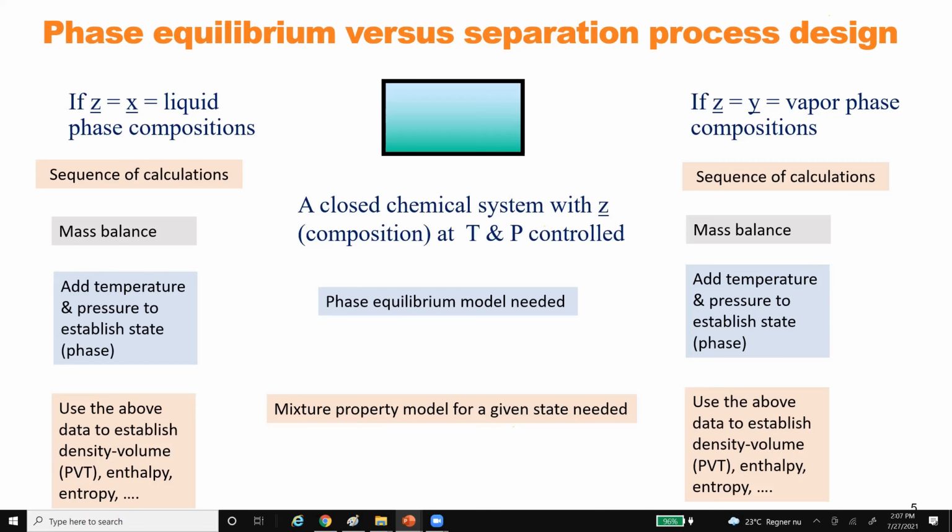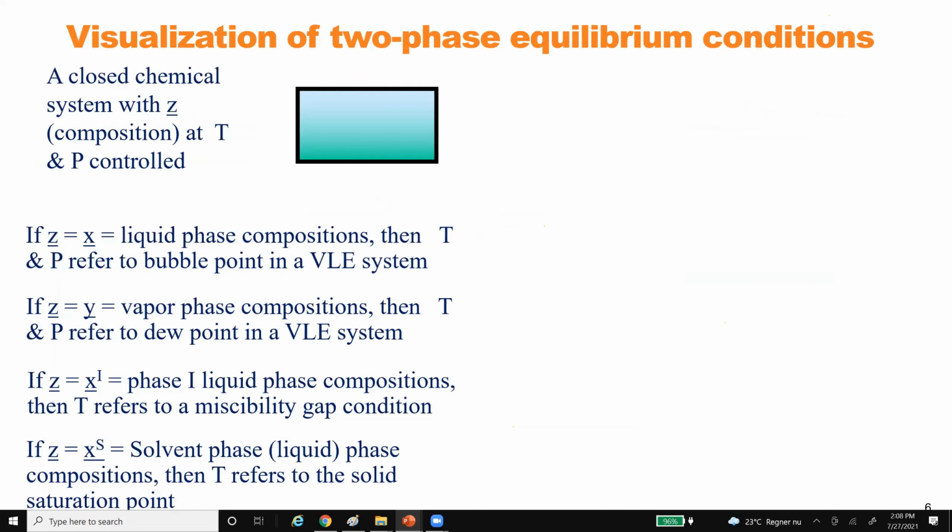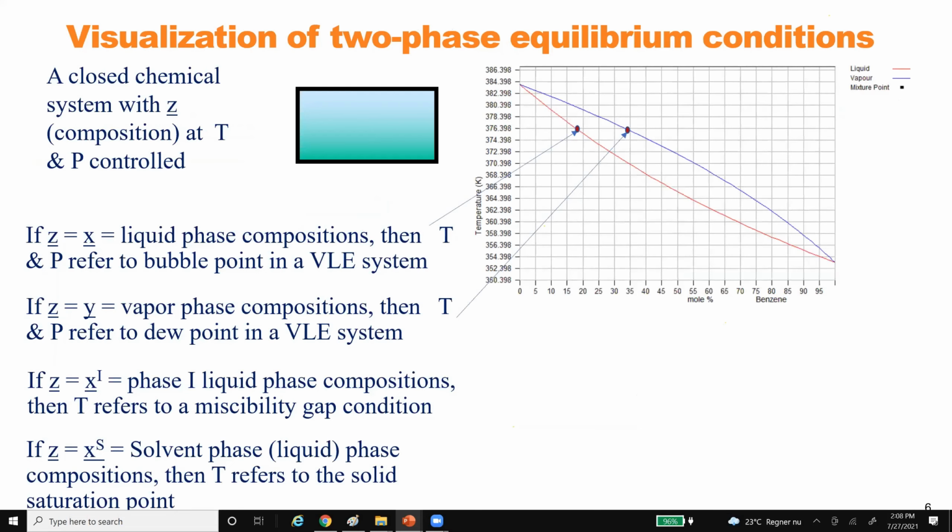So, as I said, if we have two phases, then we have a liquid and a vapor in equilibrium. So that would be a typical diagram where on the y-axis we have temperature, on the x-axis, the red is the liquid, the blue is the vapor.